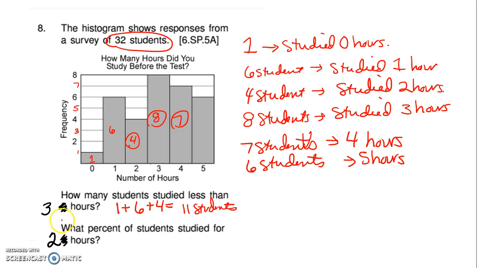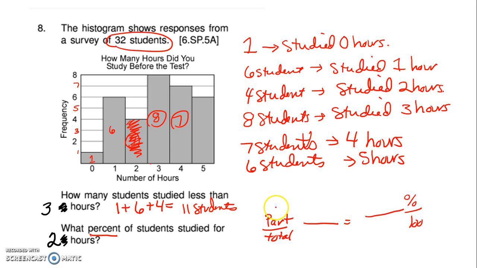All right. Then it says, what percent of students studied for 2 hours? Here's our number of students who studied for 2 hours, but they're asking what percent. All right, we could do part over total, lots of ways to go about this, equals percent over 100.